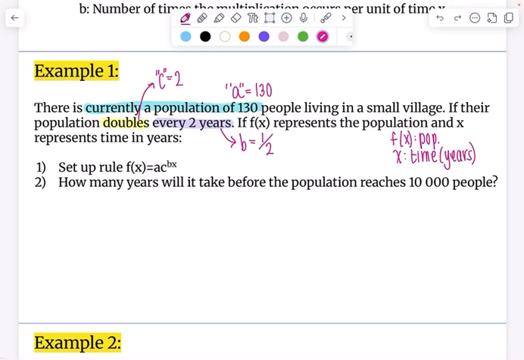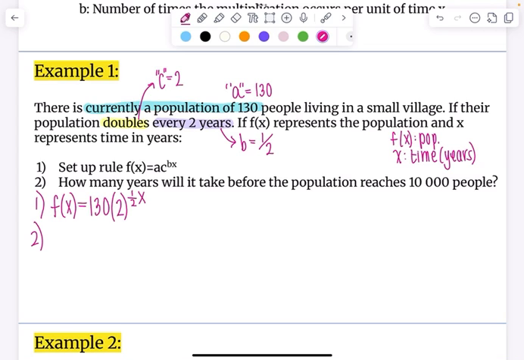So the rule, when it says set up your rule in part 1, is pretty much already done. Number 1, f of x is equal to, a is 130, that's how much the village starts with. The c value is 2 because it doubles, and it happens every 2 years, so that's 1/2 for the b value, and then you put x for number of years.